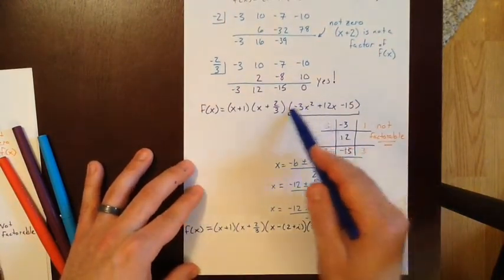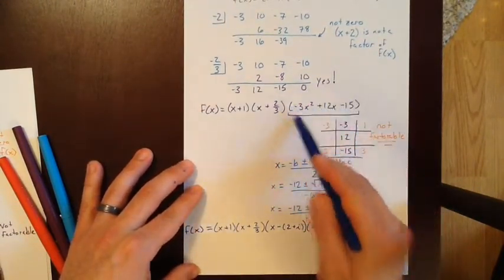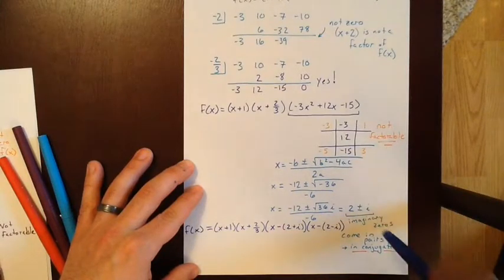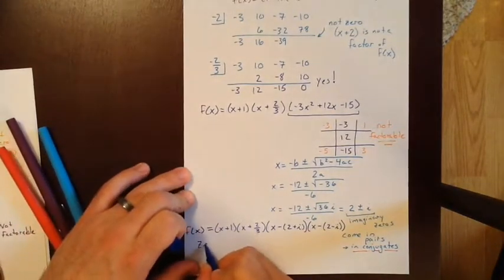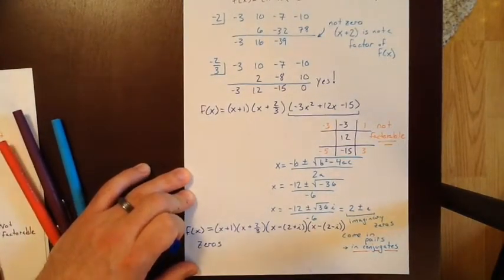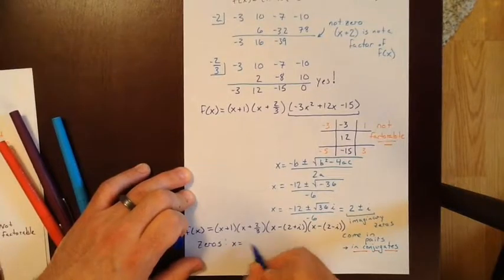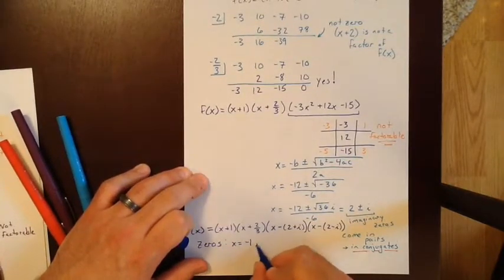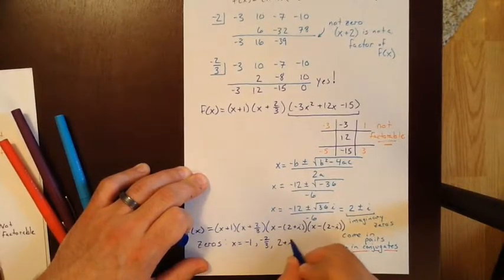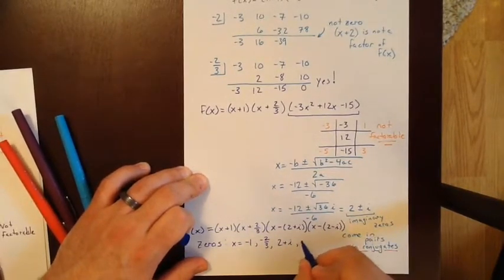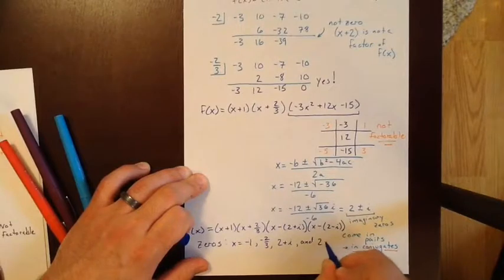And typically, from this quadratic equation, this is where we will find our imaginary zeros. So the zeros of this polynomial are x equals -1, -2/3, 2 plus i, and 2 minus i.